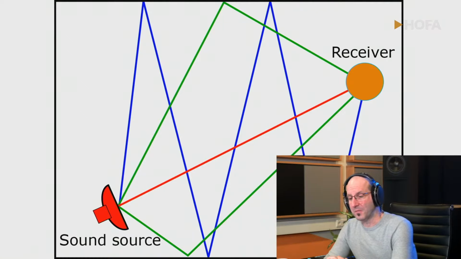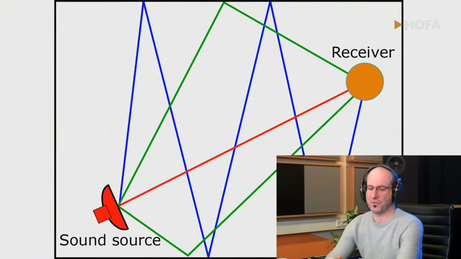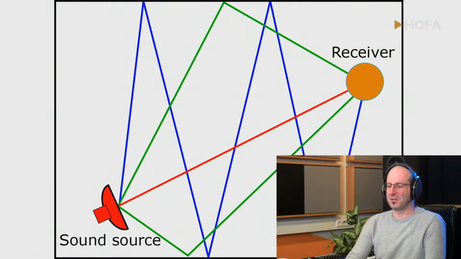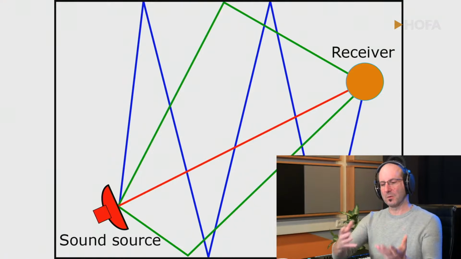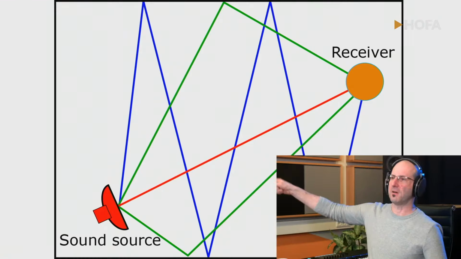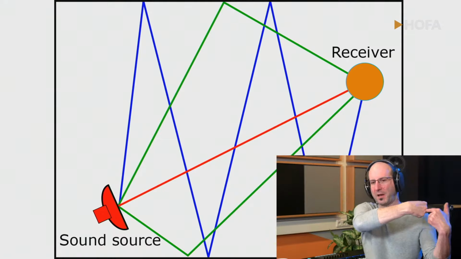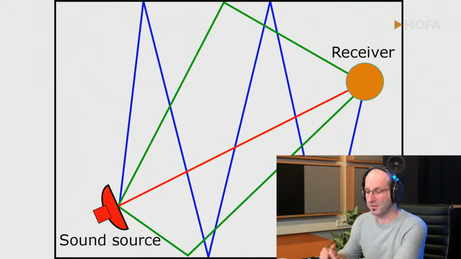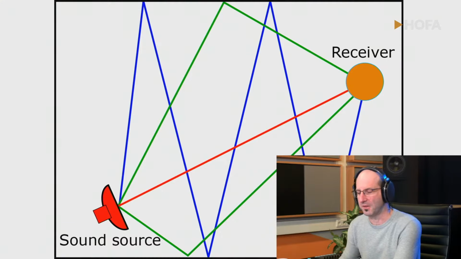And the next stage of sound emission is the blue lines. These are sound waves that take longer. More reflections. They go there and up and down and back, and after a short while they reach the microphone, the listener.